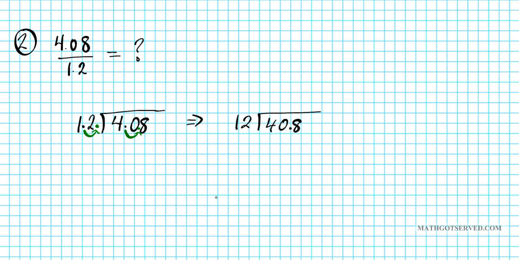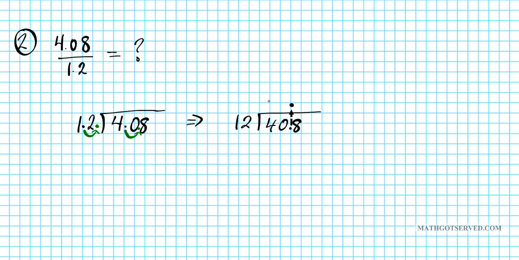Okay, now what do we do with the decimal point before we advance? The decimal point should be moved up vertically. Okay, so just move it straight up. This would be the position of the decimal point of your quotient, or the answer. All right, so put the decimal point straight up right here. Now we're going to act as though this number doesn't have a decimal point anymore. 12 goes into 4, 12 cannot go into 4.